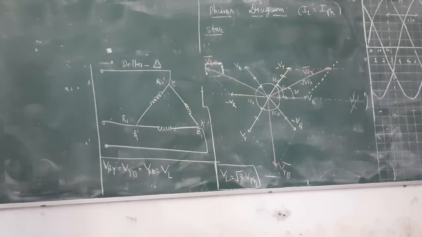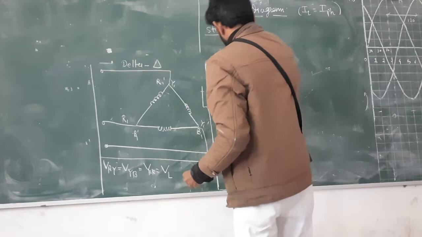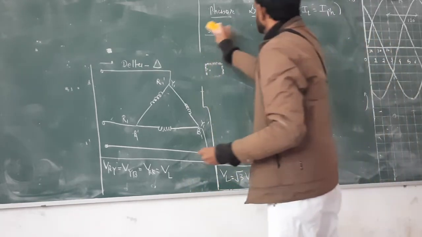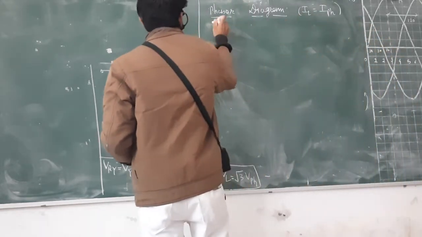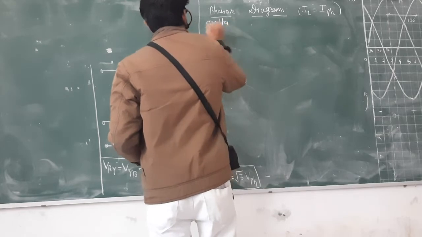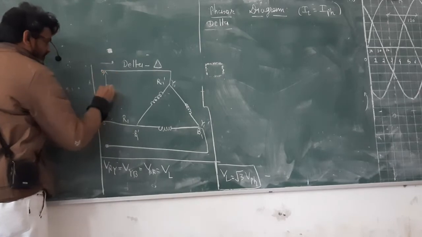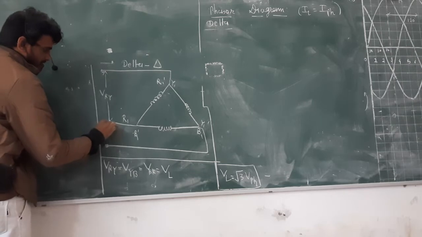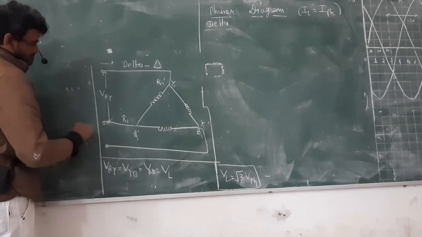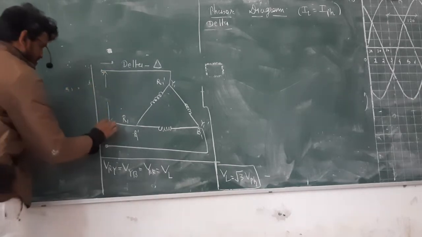Now we are going to deal with the phasor diagram for delta connection. For delta connection, here I will again represent these things: V, R, Y, then V. What are these voltages?